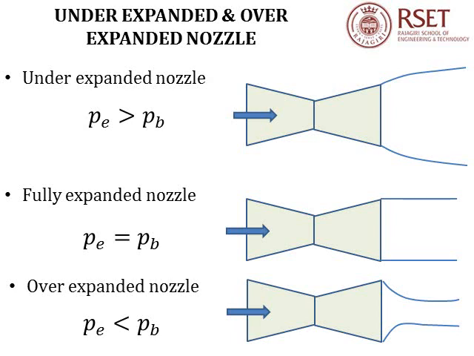Now, if we have to choose between a condition of under expanded nozzle or over expanded nozzle, the under expanded nozzle always has an upper hand over the over expanded nozzle.